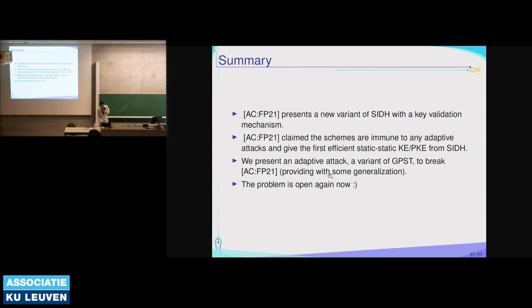And we present a new adaptive attack, which can be viewed as a variant of the original GPST attack, to break the cryptosystem. And we also provide some generalizations of our results, like not just attacking Alice but also attacking Bob, and a more general form of Alice's secret key.